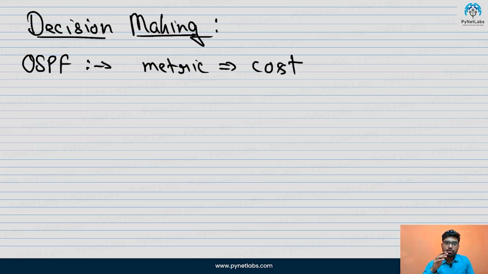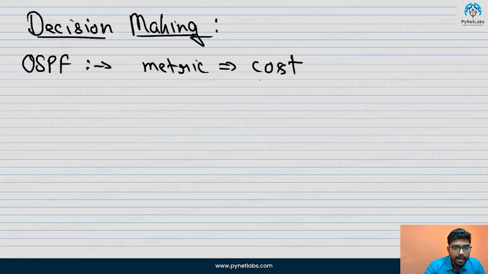This cost metric is based on bandwidth. Whatever link has the highest bandwidth will have the lowest cost. So in OSPF, whatever path has the lowest cost is considered the shortest path.